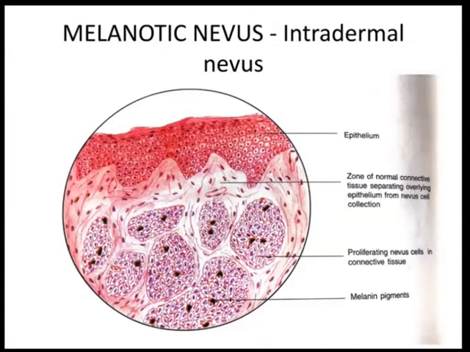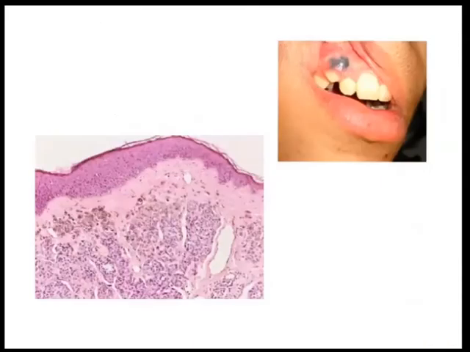The other type is an intradermal nevus or intramucosal nevus. Here you will not be seeing any nevus cells in the epithelium. It is restricted only to the dermal or the intradermal or the intramucosal side, that is in the connective tissue. So you can see a zone of normal connective tissue separating the epithelium from the connective tissue, in which you can see numerous proliferating nevus cells, and the brown pigmentation is melanin pigment.